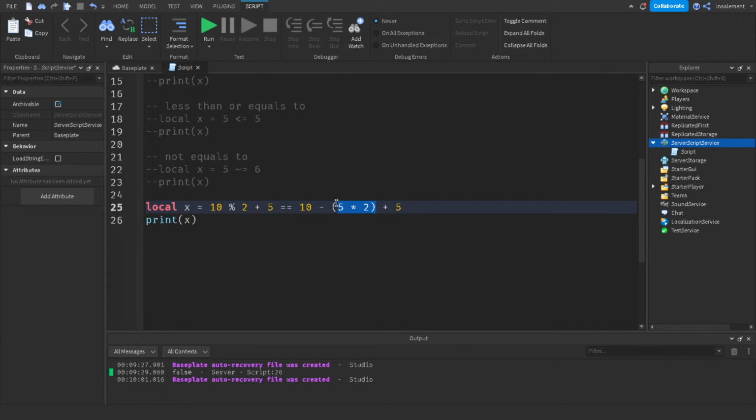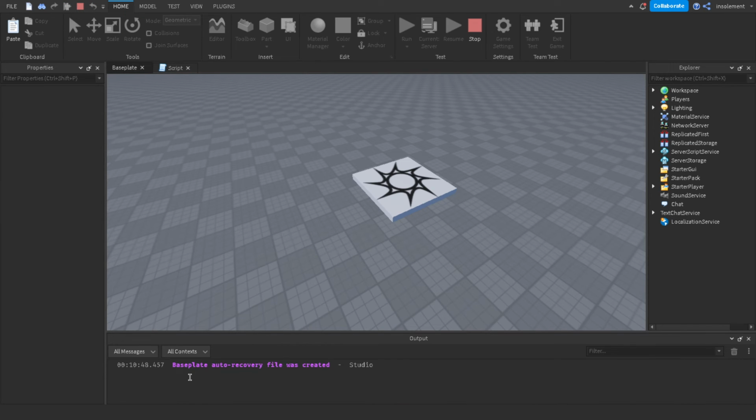So 5 times 2 is 10. 10 minus 10 is 0, plus 5 is 5. On this side, 10 modulo 2, if you remember what the modulus does, it returns the remainder of a division problem. So 10 divided by 2, it returns 0 because there is no remainder. 2 perfectly goes into 10 5 times. So 0 plus 5 is 5. 5 is equal to 5. This would return true, right?